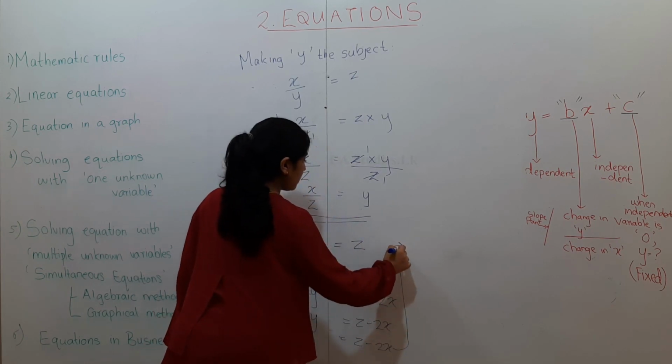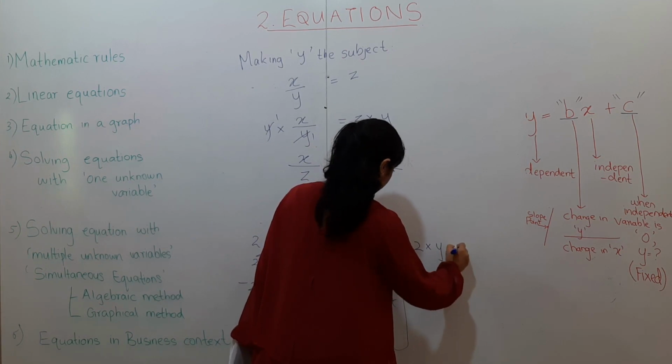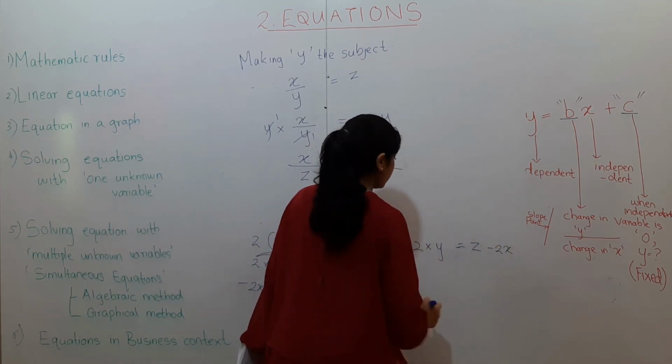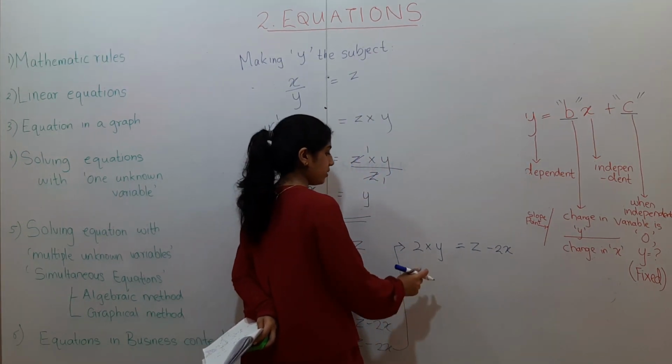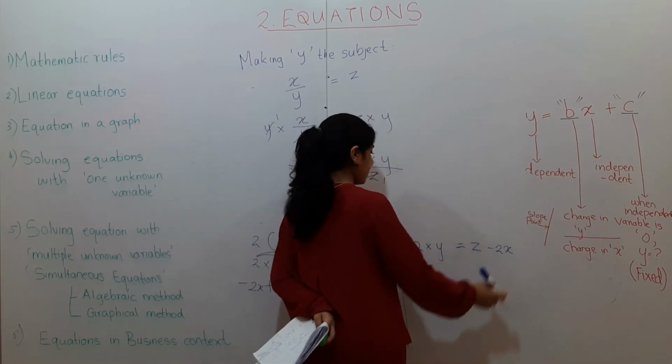Now this 2y can be written as 2 multiplied by y equals z minus 2x. Opposite sign of multiplication is division. I want to take off 2 from this side and put it to this side.